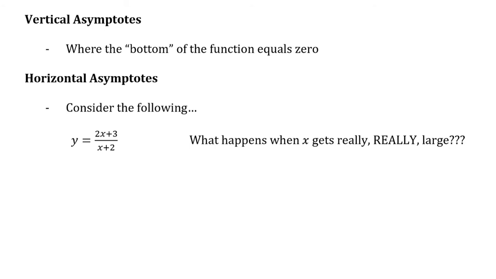But it comes up in other areas of math as well, so it might be neat to have seen it before. But first we're just going to ask the question, what happens when x gets really, really large? And we're just going to kind of play around. None of this is a formal proof, by the way. We're just kind of exploring. Okay?